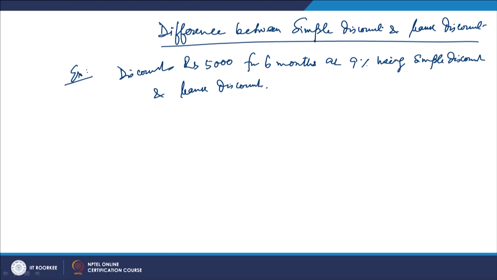Now, if you use the simple discount formula, now as we know that in the case of simple discount, what we do is that you are getting the current value based on the future value, and you will have R and N known.